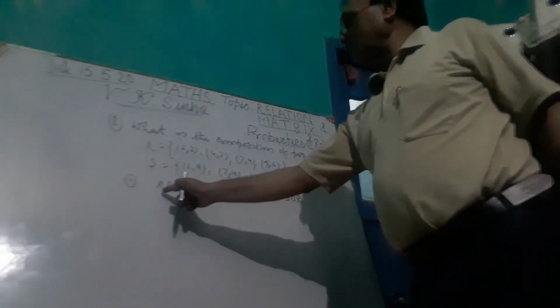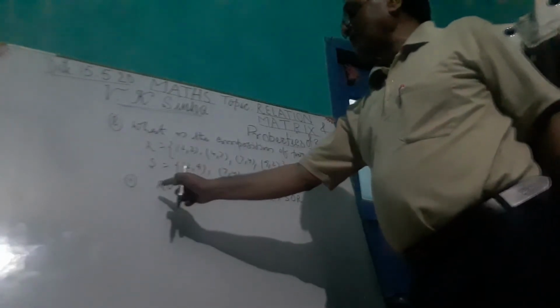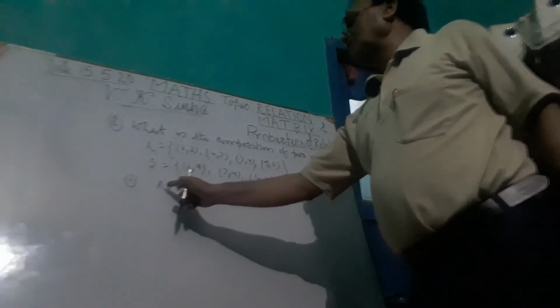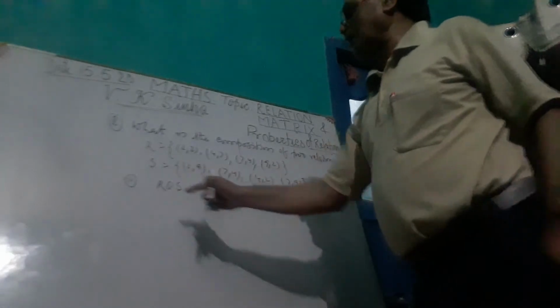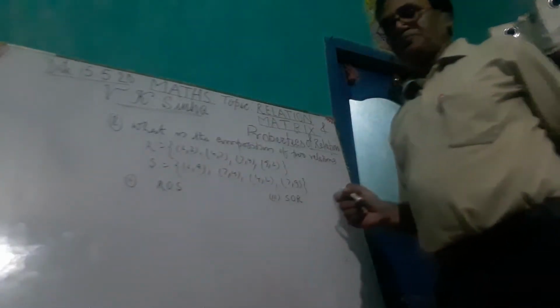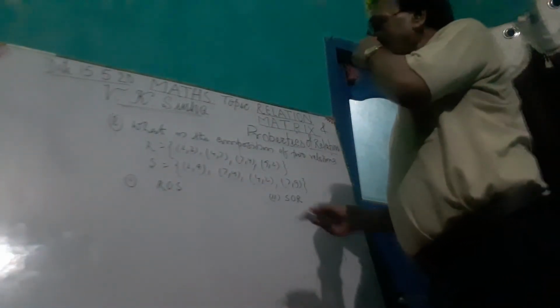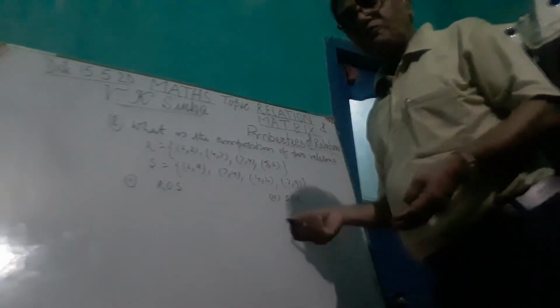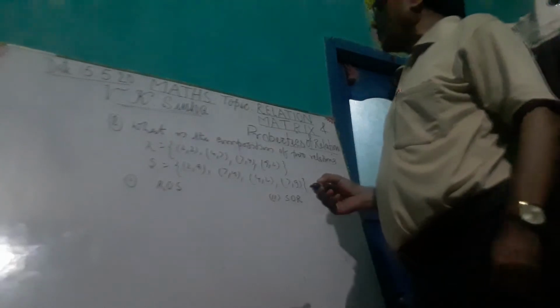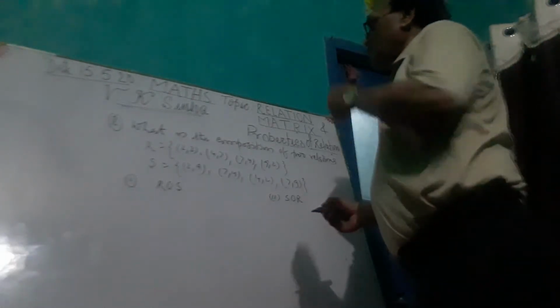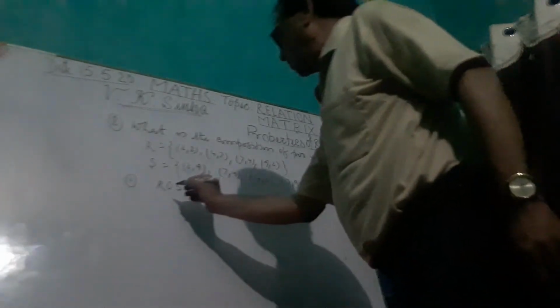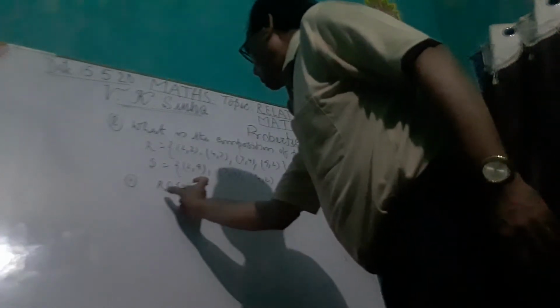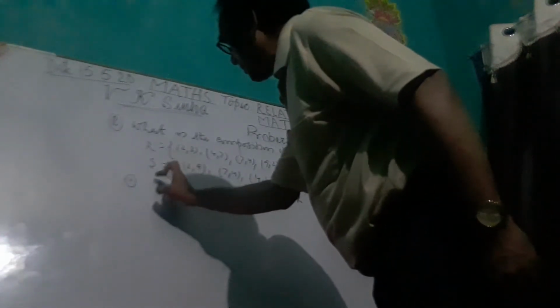This is the composition of relation SOR, not ROS. So how can we write the composition relation? What are the members of this relation? How can we obtain them? So ROS is the composition relation of SOR.